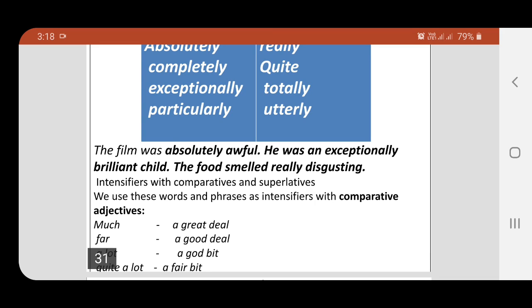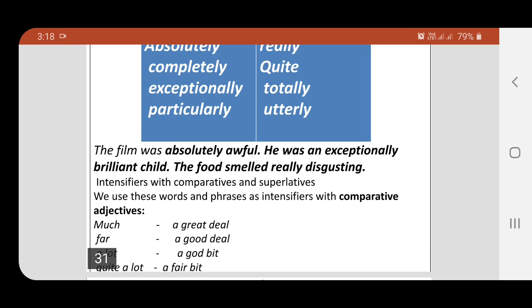See, we say that the film was absolutely awful. The film, the noun is over and we describe it as absolutely awful. So we have different adjectives, specific adjectives, intensifiers.